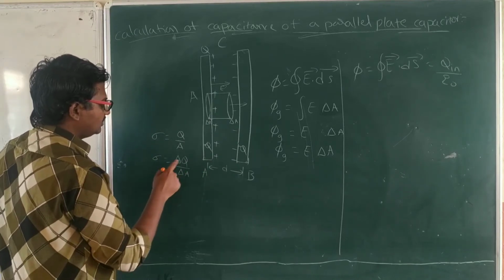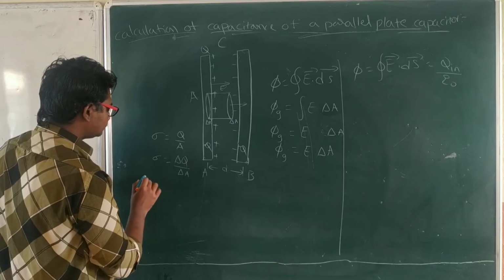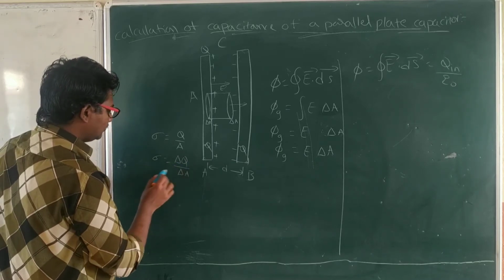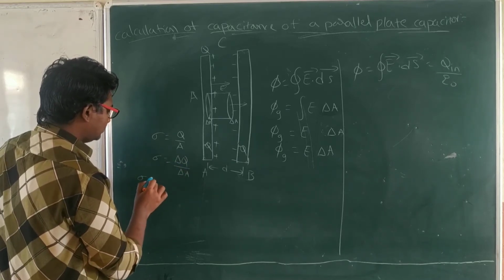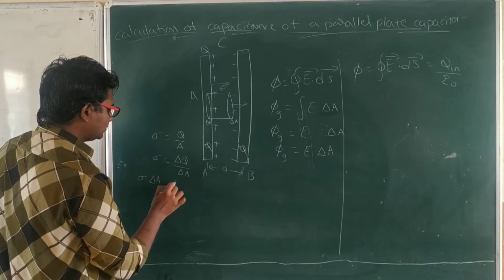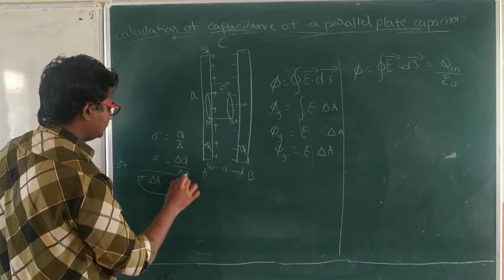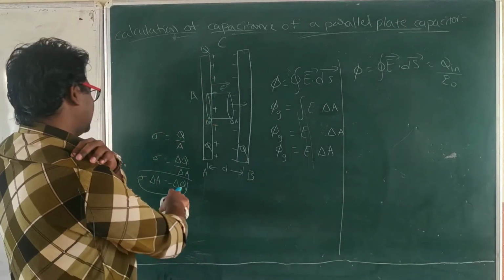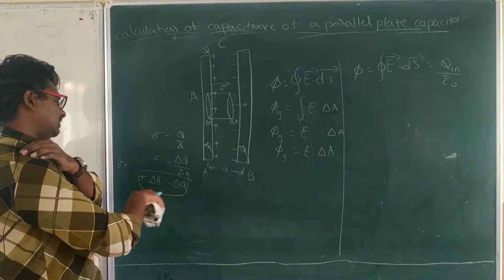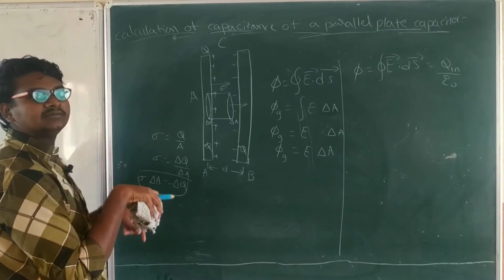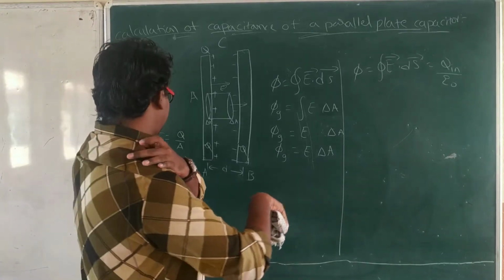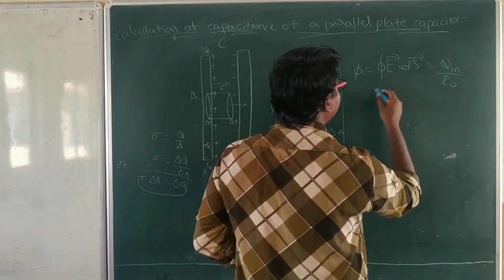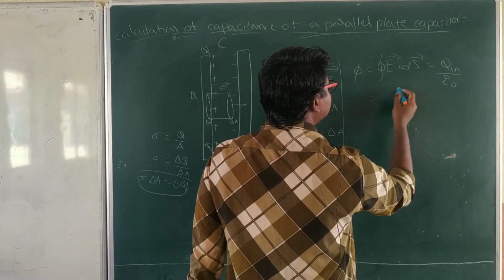If so, delta Q is equal to sigma delta A. This equation we got now. Then we can substitute this one. Delta Q is equal to sigma delta A. What is sigma again? Q by A, total charge by area. That one we will substitute here.